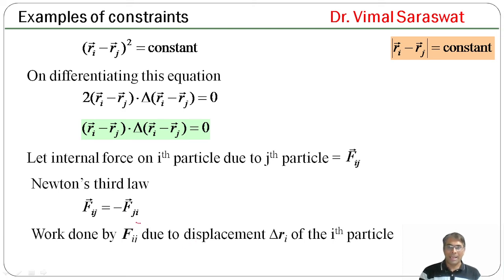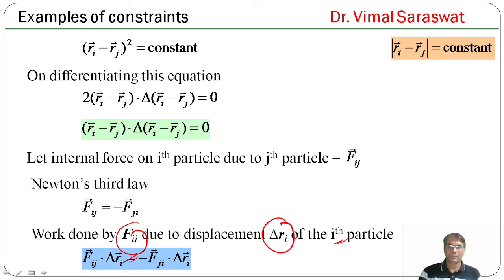Now, work done by Fij due to displacement del Ri of the ith particle: Fij dot del Ri equal to minus Fji dot del Ri. So, we multiplied with del Ri on either side of this equation, and here we are taking the dot product.